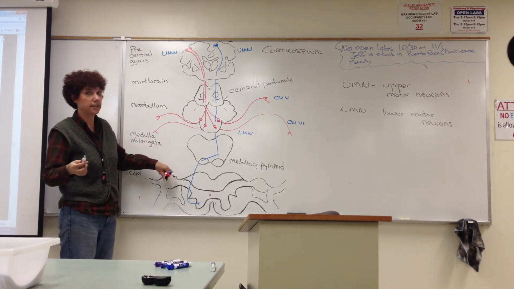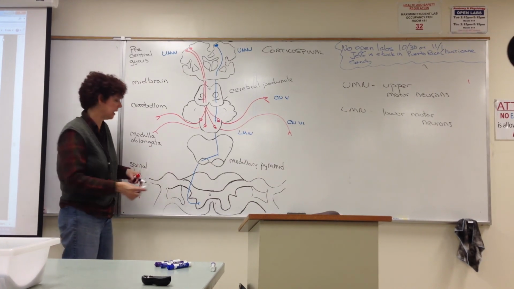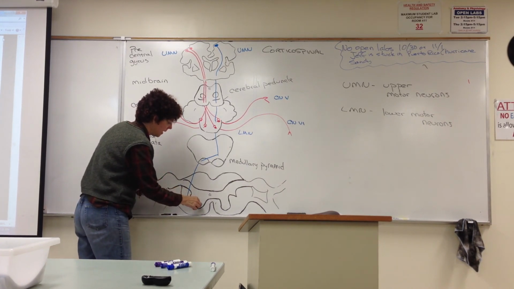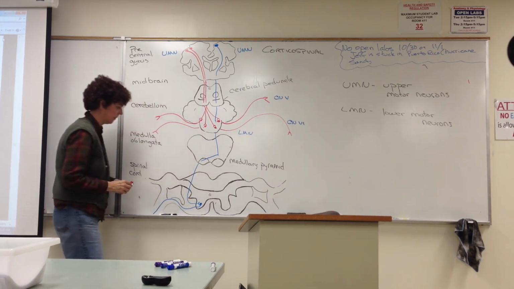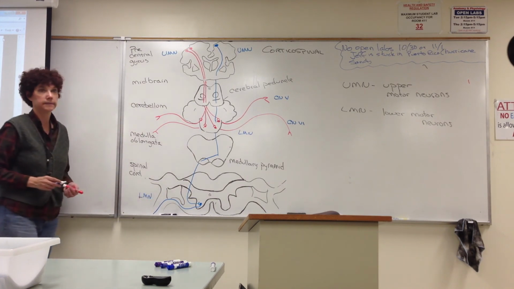Just like the cell bodies of the sensory neurons made the dorsal root ganglion, cell bodies of lower motor neurons make the anterior gray horn. So this would be lower motor neuron.